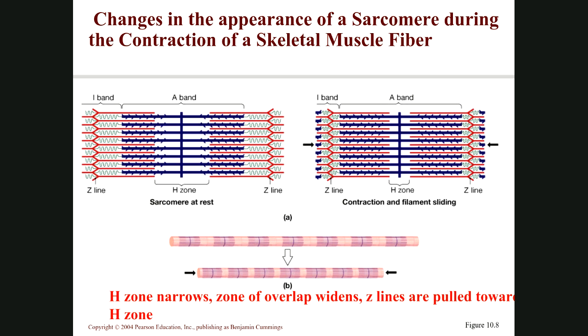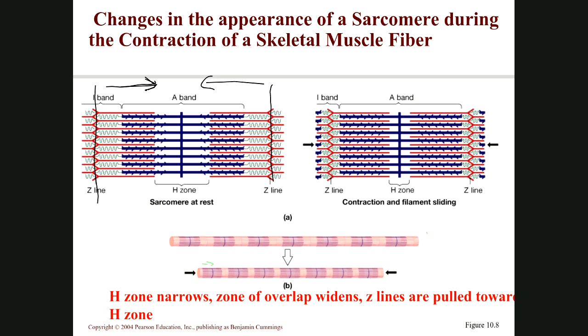All right, there's contraction of a myofibril, which is caused by contraction of the sarcomere. So again, if you have a myofibril and the sarcomeres begin to contract, and by the way, the sarcomeres are going to contract towards the H zone. So from either side of the Z line or Z disc, the sarcomere will contract towards the middle.